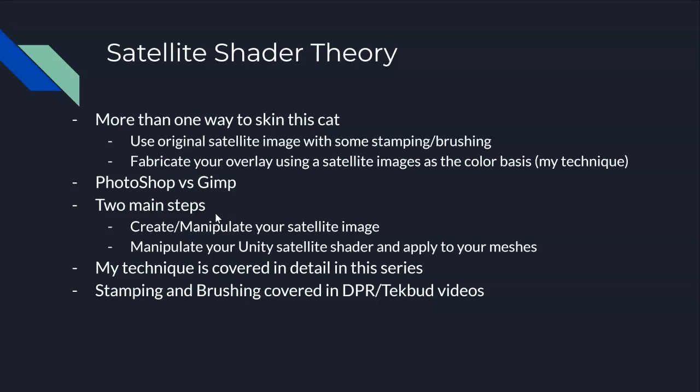Those are covered in other videos, and I'll post those. Or you're going to fabricate it, okay? That's step number one. And then you're going to take that image, pull it into Unity, and apply that overlay to the satellite shader, and then you're going to manipulate all the colors, the blending, and then apply it to your meshes. Hopefully I'm going to do a good job of showing how there's a lot of things to consider when you're doing that.